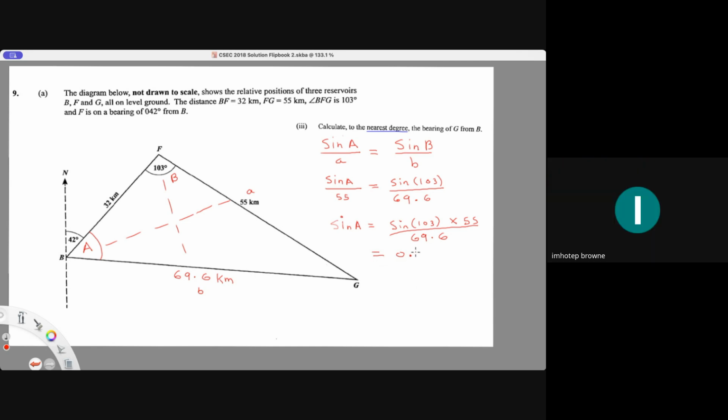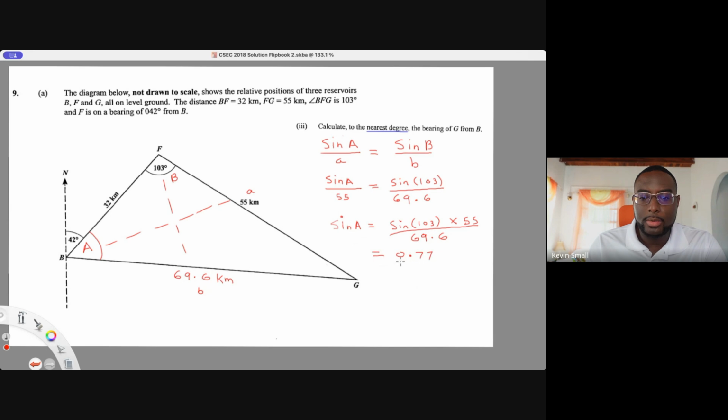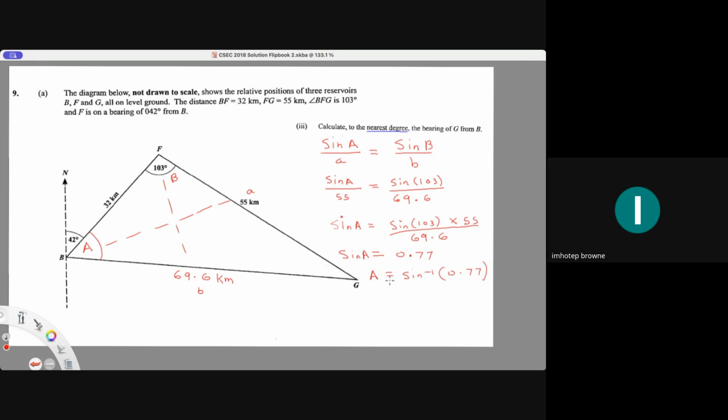Okay, so 0.77 is correct. So sine A is 0.77. And now A, therefore, would be the inverse of this. So A would be sine inverse 0.77, and that would be 50.35.